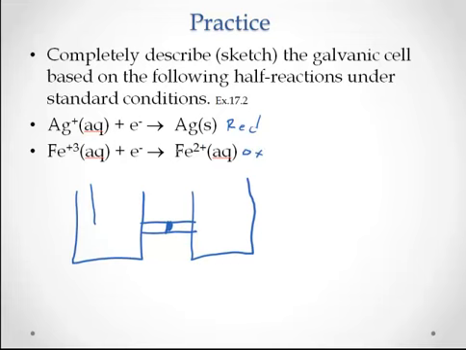Remember, this got flipped, so that is occurring over here. Now look at the state of matter both of these are in. They're both aqueous, so we're going to have a platinum cathode, Pt, and floating around in the solution are going to be Fe3+ and Fe2+. And then over here, a voltmeter with a whopping 0.03 volts.